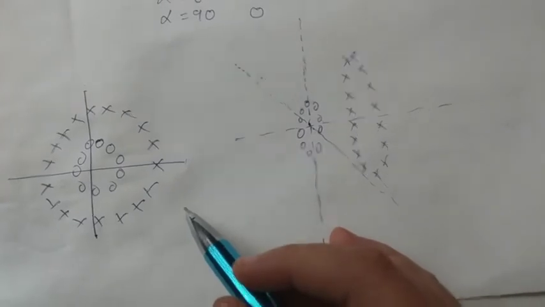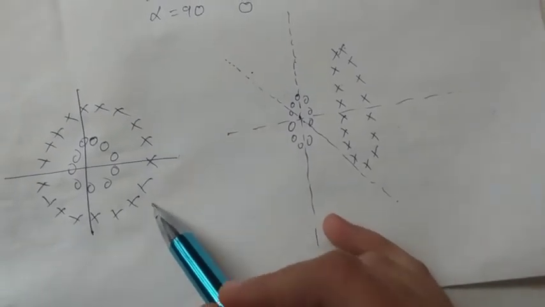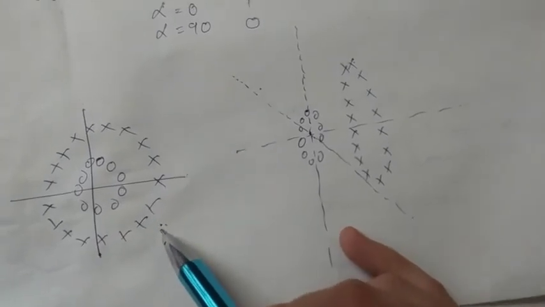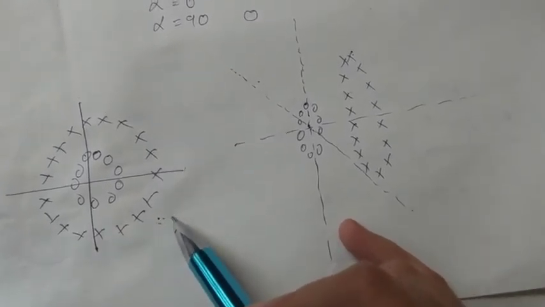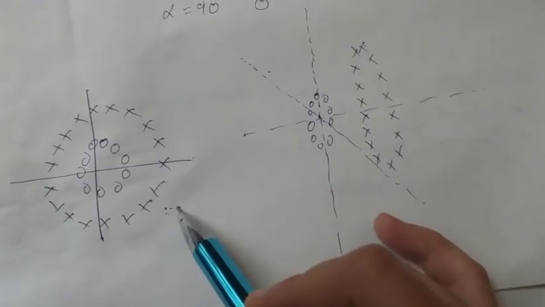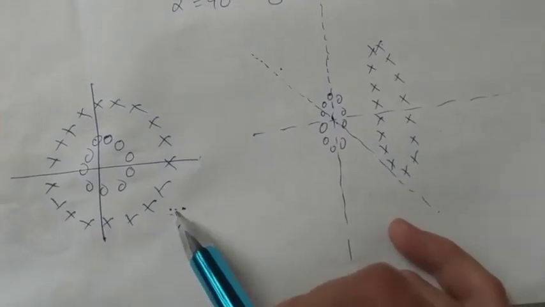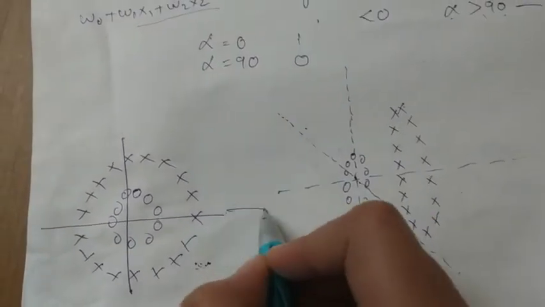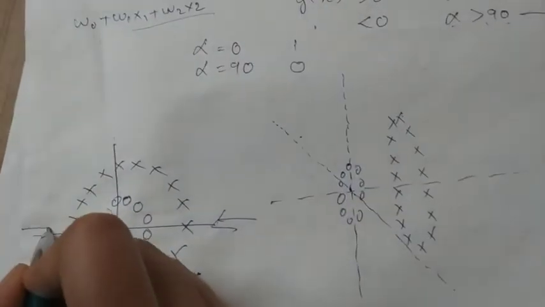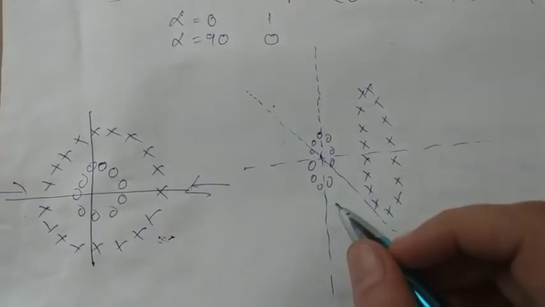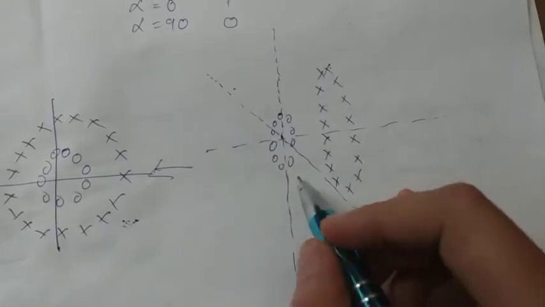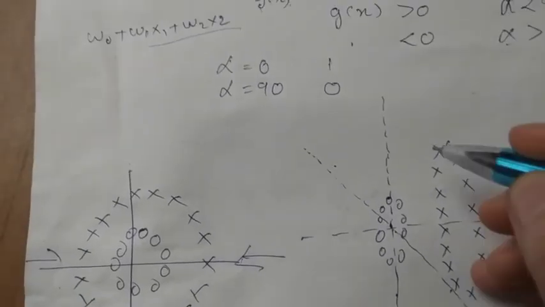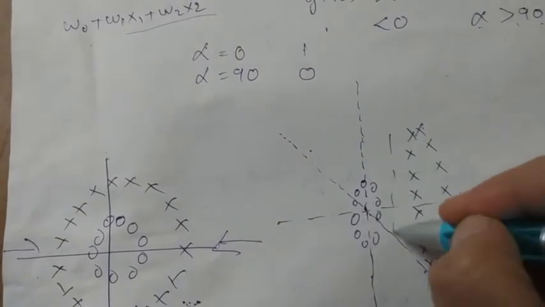Now let us move on to an extension of this type of perceptron learning. We have to classify this given problem with the help of linear separation. As we can clearly see, it is not linearly separable. So try to look at this example either from this side or this side. We will have some pattern like this, which is easily separable with the help of linear separation.